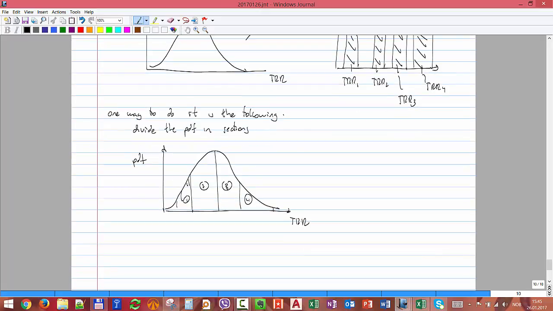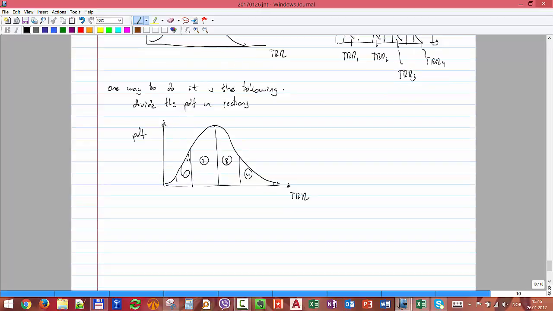That's going to give me what? The probability, right? The probability of that particular section. So the integral, the area under the curve, provides the probability of the section.